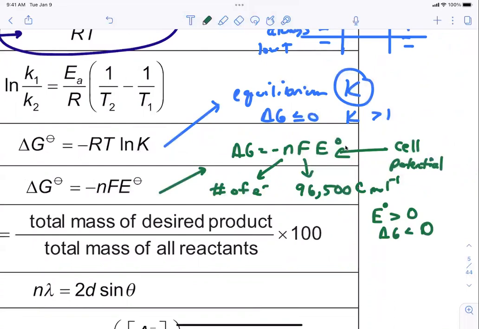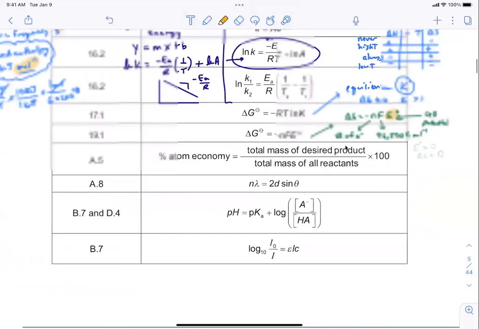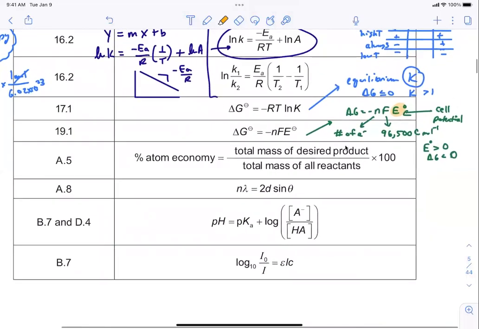You want E to be positive, so that when you plug in all the values, you get a negative delta G, because it's negative NFE, and N and F are always positive. So it's only E that determines whether the reaction is spontaneous or not. Remember, N is the number of electrons you cancel out when you balance half reactions and combine them together. So whatever the number of electrons are that you cross out, that's your N.